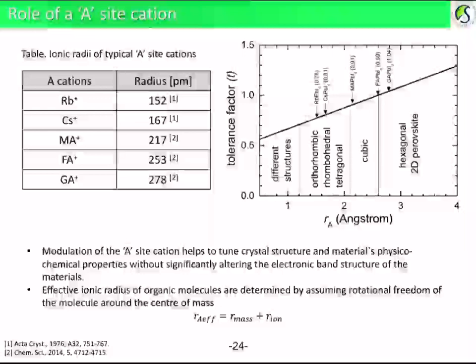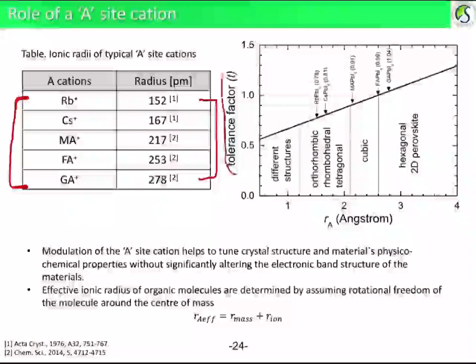And so previously we saw that the tolerance factor depends on the A site cation. So depending on the A site cation, the structural stability of the perovskite can also change. For example, if we use a different A site cation with a different ionic radius, the tolerance factor of the perovskite material will change.